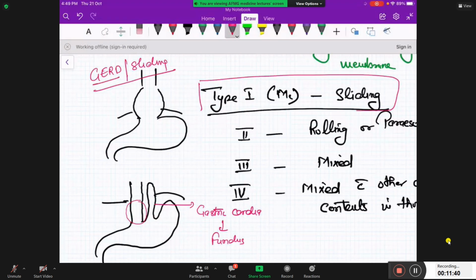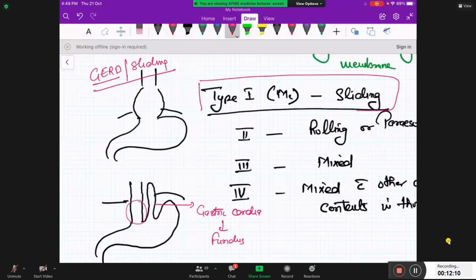Whatever presentation you have seen in GERD, the typical symptoms, the atypical symptoms, whatever management you have seen in GERD, that is the first line of management, the indication of surgery and the surgery also, everything about sliding type of hiatus hernia is exactly the same as GERD. So GERD and sliding type of hiatus hernia are interrelated.